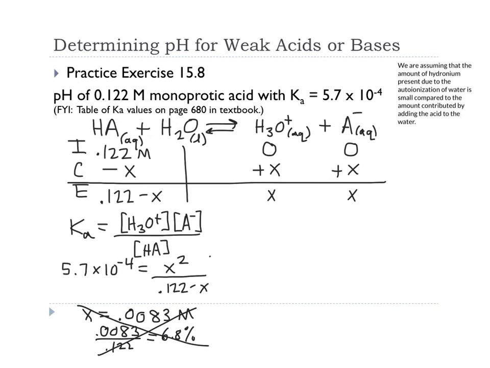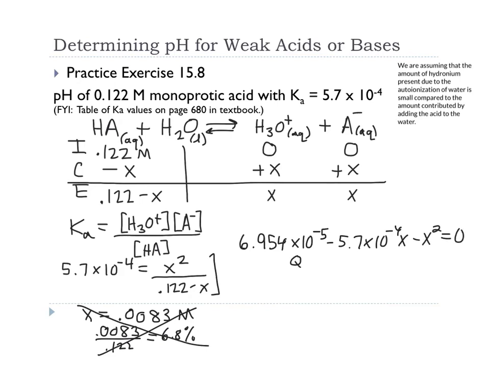So I'm going to take this and rearrange it so that I have a quadratic that's set equal to 0. So I got 6.954 times 10 to the negative 5th minus 5.7 times 10 to the negative 4th times x minus x squared equals 0.